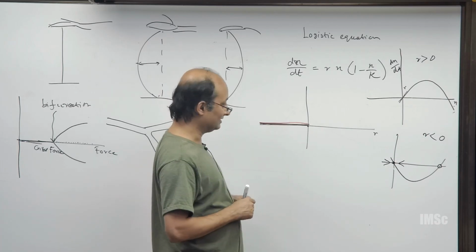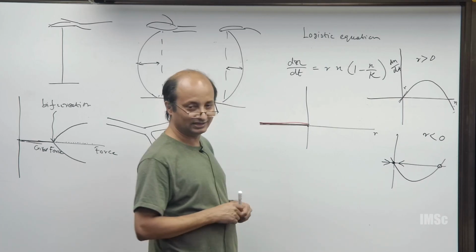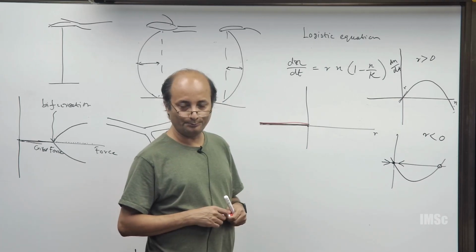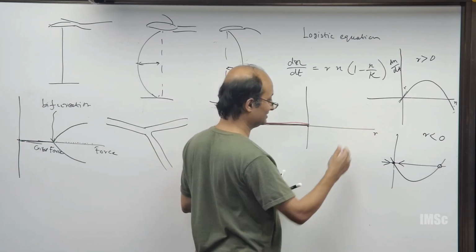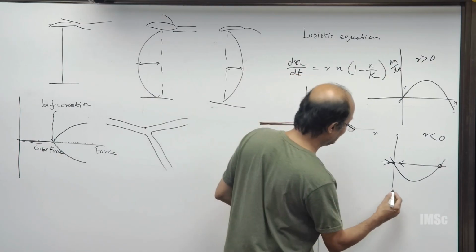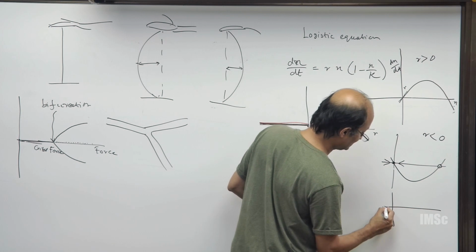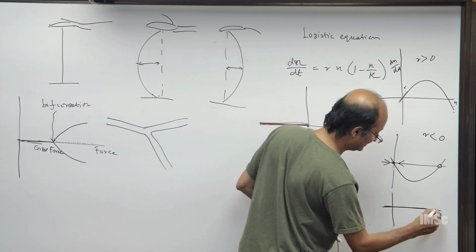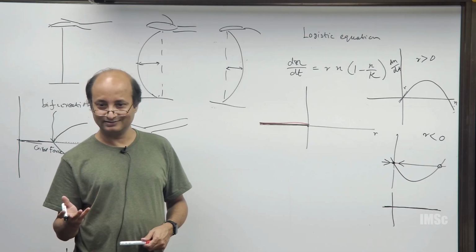What will happen beyond R, when R is positive? So exactly at R equal to 0, what will happen? So it's just this line. Right? So that means it's neutrally stable.